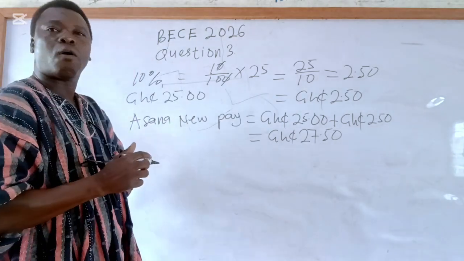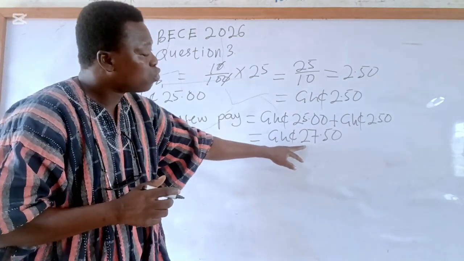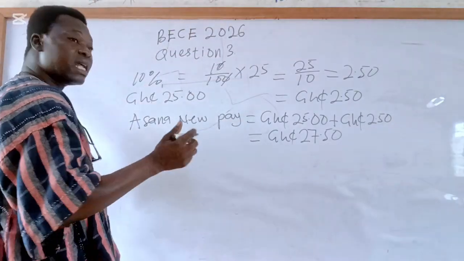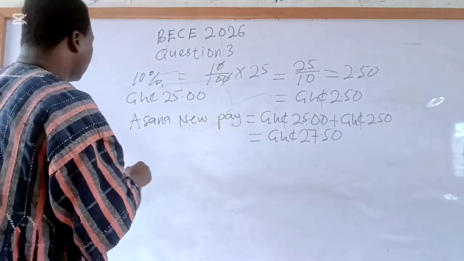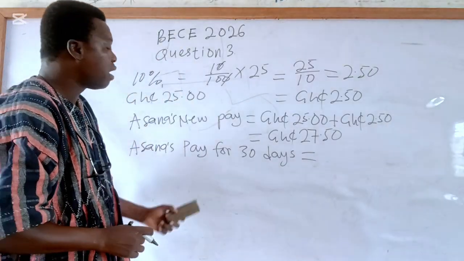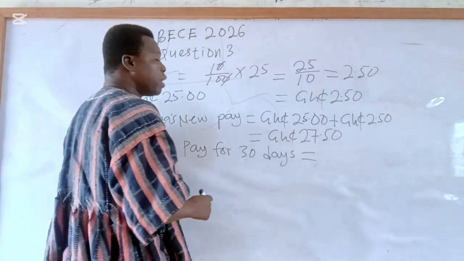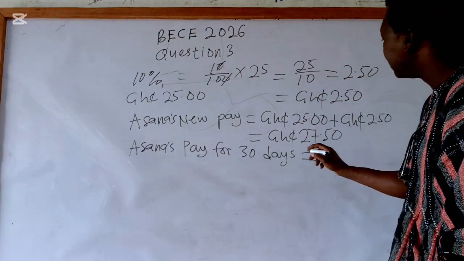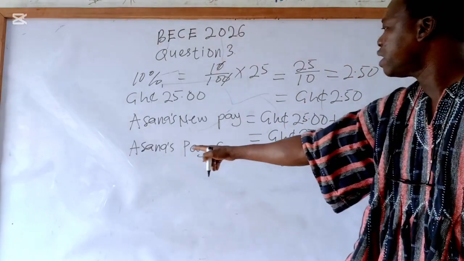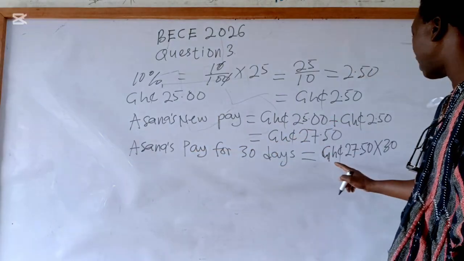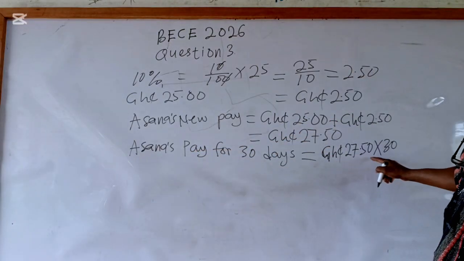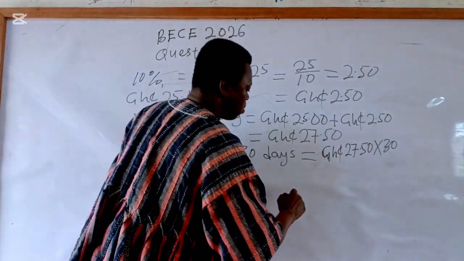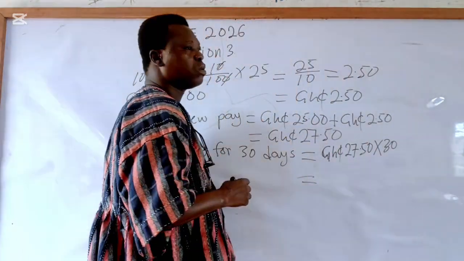Now she's being paid 27 cedis, 50 pesewas for 30 days. So Asana's pay for 30 days will now be equal to 27 Ghana cedis, 50 pesewas times 30.